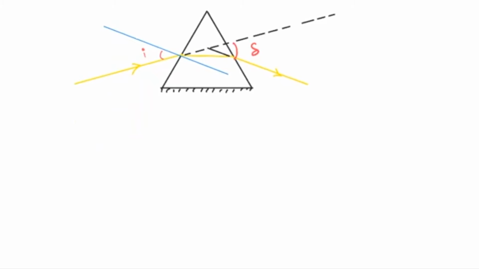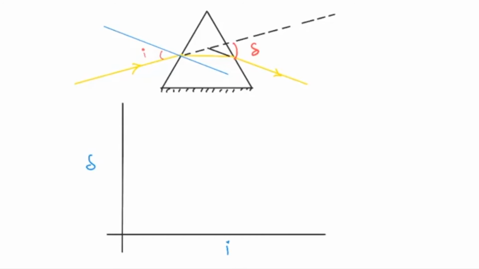For that, you must have seen this graph before, but still, let us just recap. If I plot I versus delta, then as the angle of incidence keeps on increasing, we are going to rotate the prism. If the prism is rotating clockwise, then the angle is decreasing.